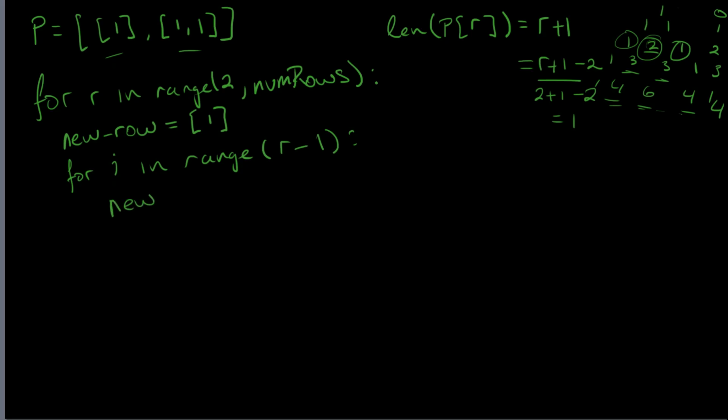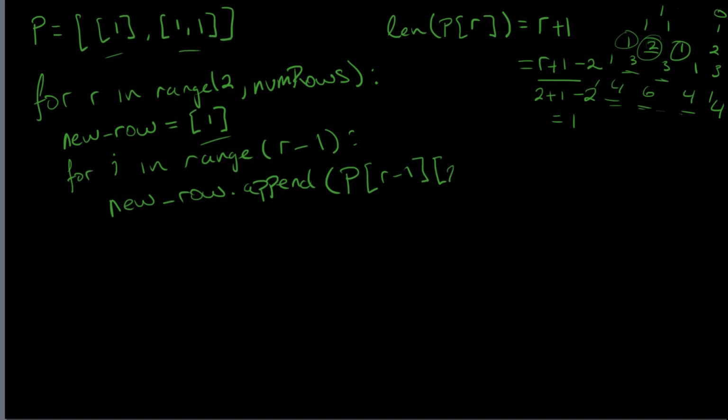Now that new row will be appending that sum that we calculated earlier, which is P at the row above us, which is R minus 1, at, now we said I minus 1, but because we're beginning at 0 here, we sort of already did an I minus 1, because we're always starting with the 1th element or the 2nd element, but we're beginning at 0 because I have already added this one.